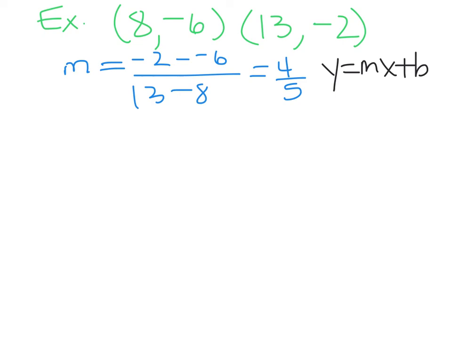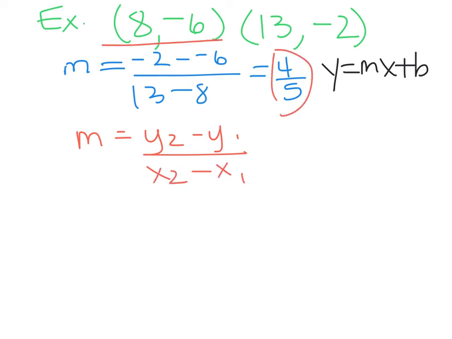Okay, now again, I can use either one of the 2 points that were given to me at the beginning. I'm just a creature of habit, and I always use the first one. So now, again, we're going to use the slope formula. m equals y sub 2 minus y sub 1 over x sub 2 minus x sub 1. I'm going to use this point, and here's my slope.